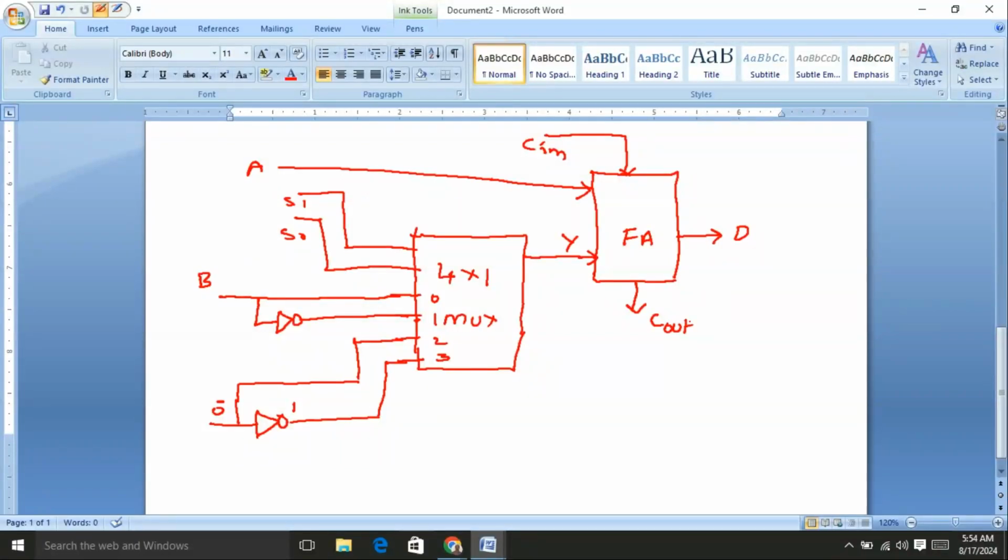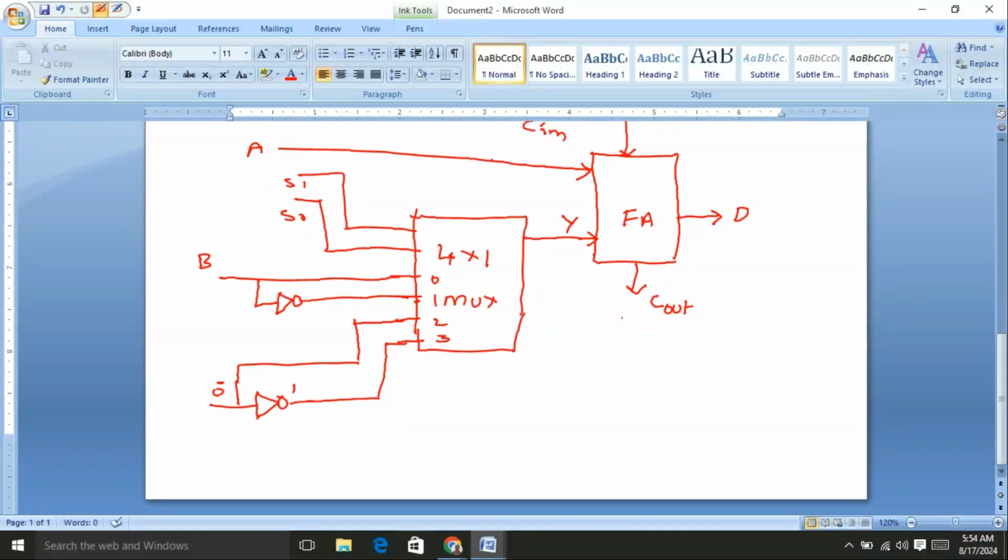Now, how this will work, I will explain to you, right? Suppose now I consider the output D is performing all the arithmetic operations: D equals A plus Y plus Cin.